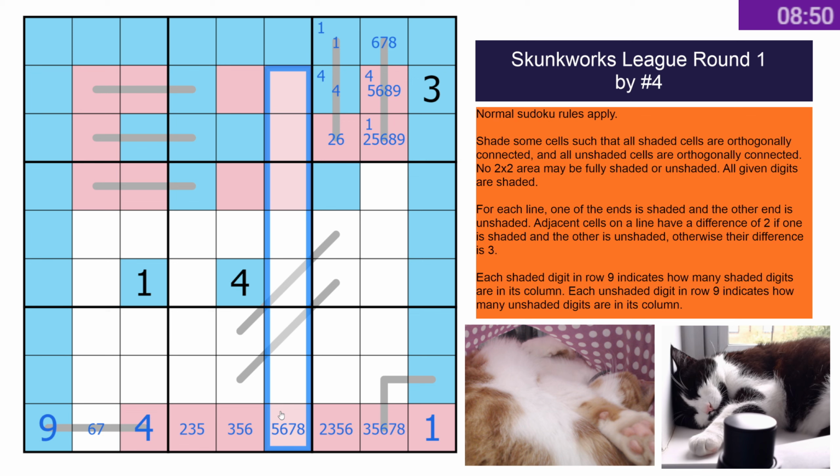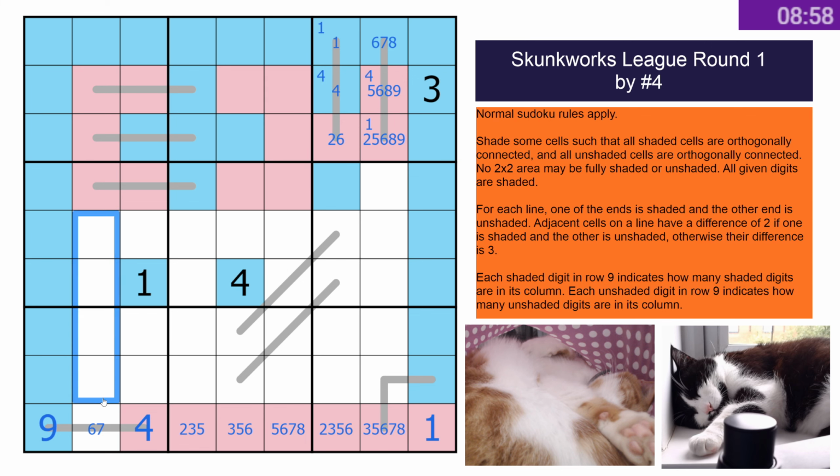Which will do something to the things. What am I trying to say? That can't be blue because then all those would be blue, causing a massive problem there. So that's definitely 6, 7. But they can happily all be pink.